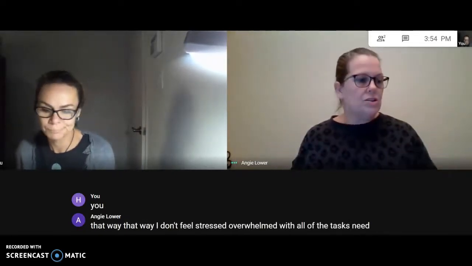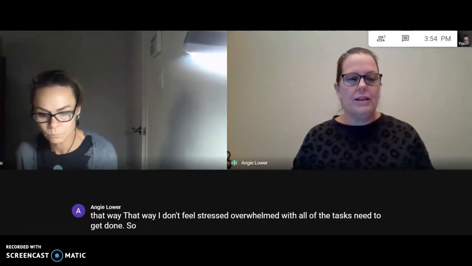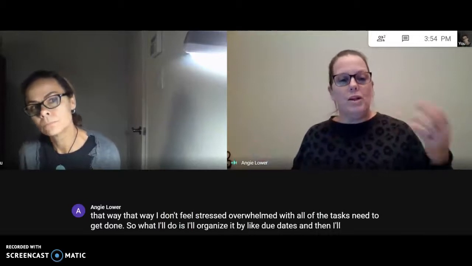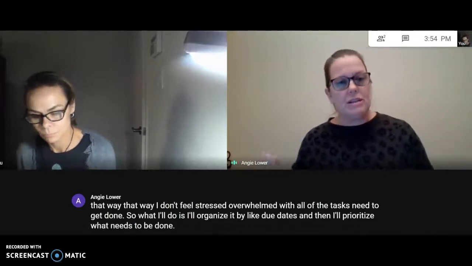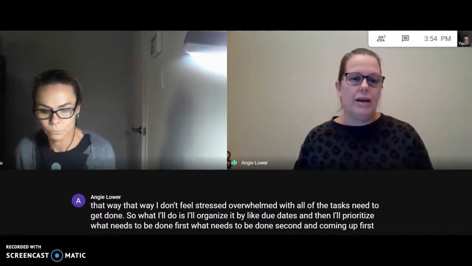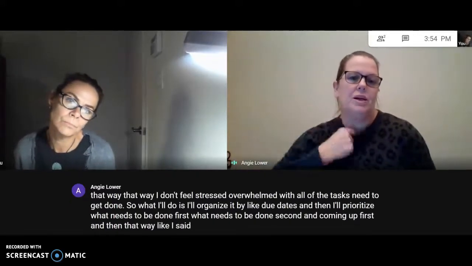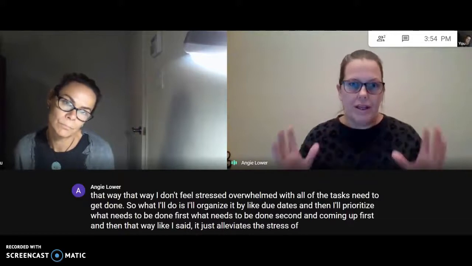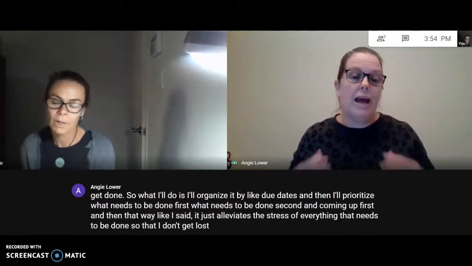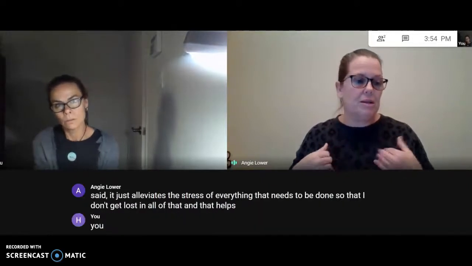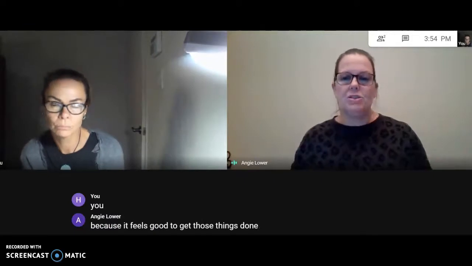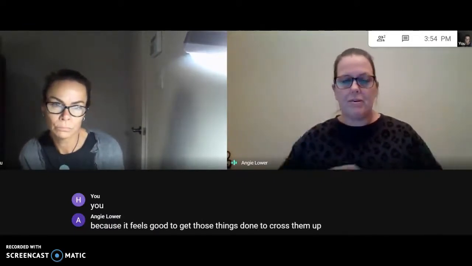So I'll organize it by due dates, and then I'll prioritize what needs to be done first, what needs to be done second, what's coming up first. Like I said, it alleviates the stress of everything that needs to be done so that I don't get lost in all of that. And that helps me be motivated because it feels good to get those things done, cross them off the list or take them off the calendar.